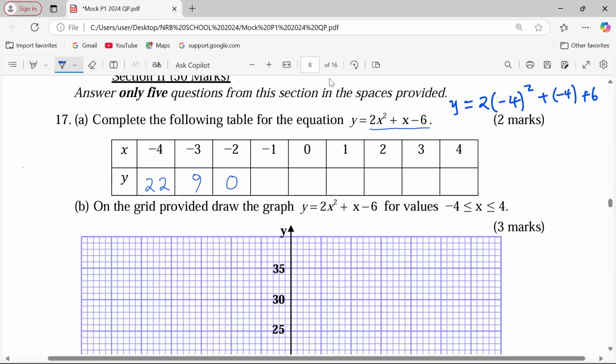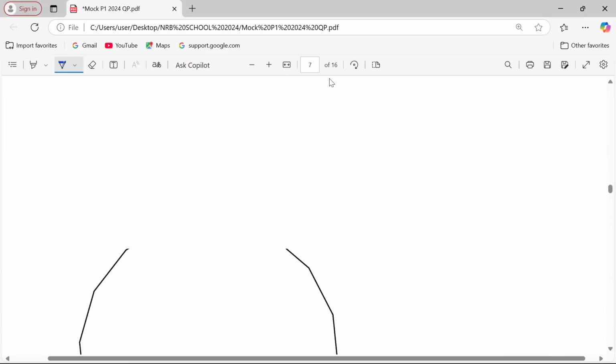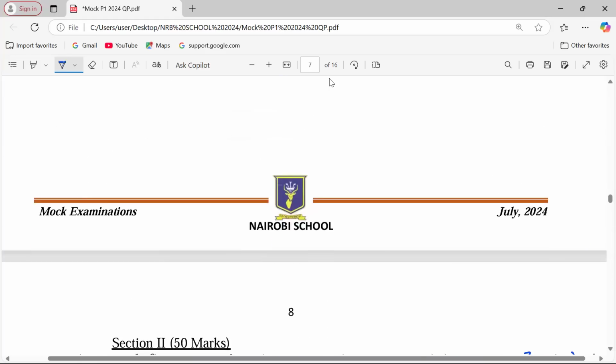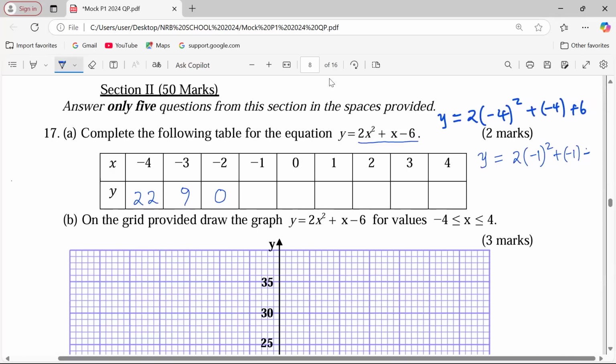You substitute -1: we are just writing y equals 2, x -1 squared, plus -1, then we subtract 6. So remember to subtract 6 that way.